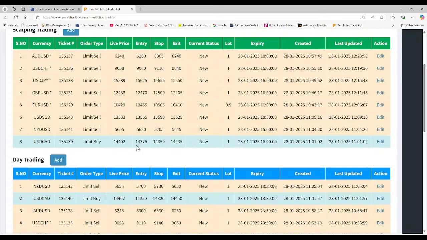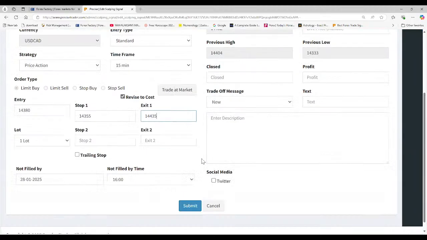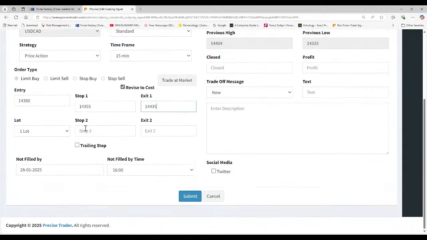Okay, we are putting a buy at 43.75, which is unlikely. So probably we've got to raise it to 80 and stop at 55 and 144.35. Okay, I think this one we can go for one lot, and we give about 3.5 hours for this trade.